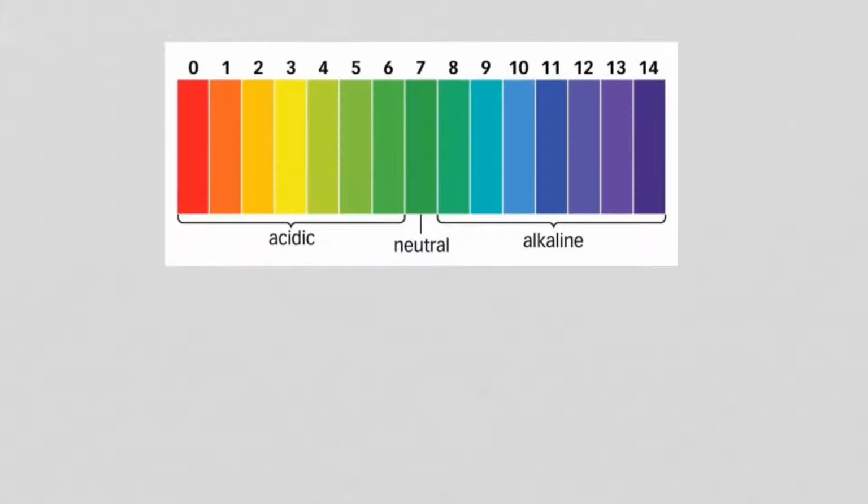Now this is a different version of the diagram we saw a few minutes ago. This diagram shows colours, and the colours are with the universal indicator. And so if you had a sample that was neutral and you added universal indicator to it, it would turn a green colour. If you had a sample that was weakly acidic, it would turn yellowy green.